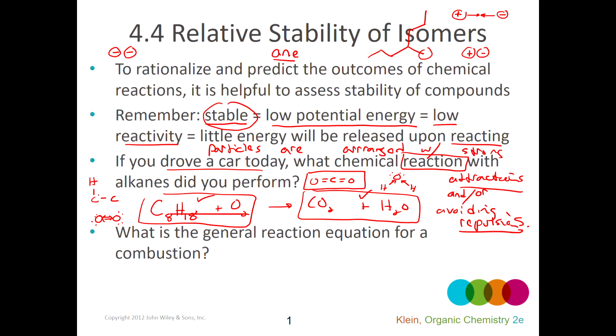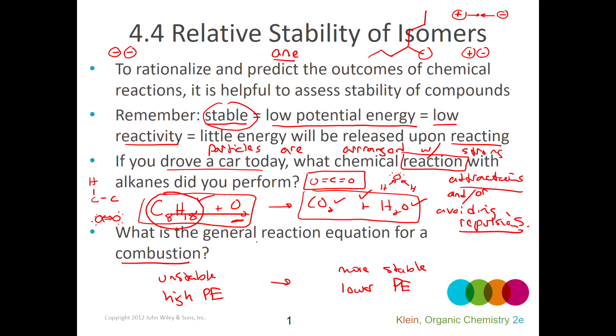So in a combustion reaction, where I generally have some type of fuel that contains carbon and hydrogen, there may be other elements as well, reacting specifically with oxygen to produce CO2 and water as my specific products, that reaction goes from an unstable or high potential energy state to a more stable, lower potential energy state.